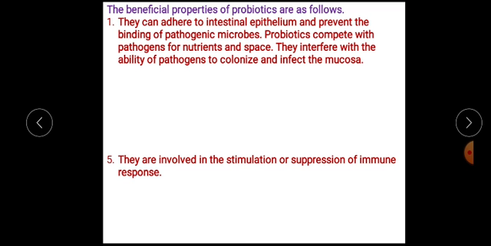So this involves the competition for space. Probiotics will compete with the pathogen for nutrients also, and this is how it leads to elimination of pathogens. So they interfere with the ability of pathogens to colonize and infect the mucosa. So if epithelial cells and mucosa are not getting infected, the person is not going to suffer anymore from disease.